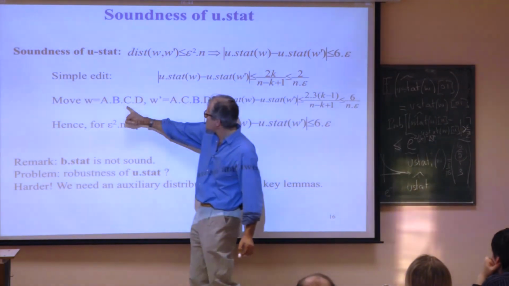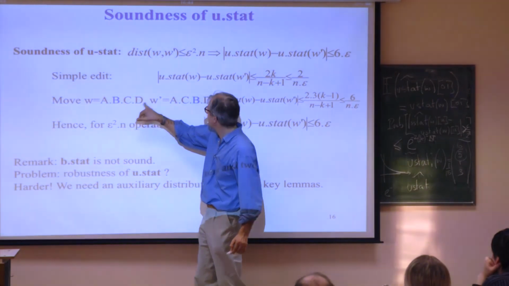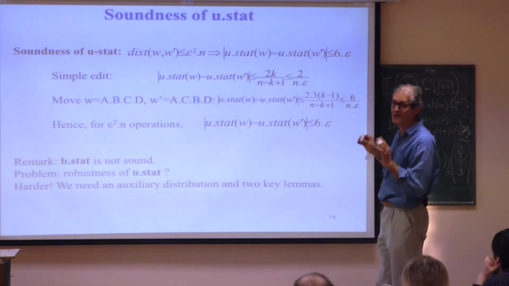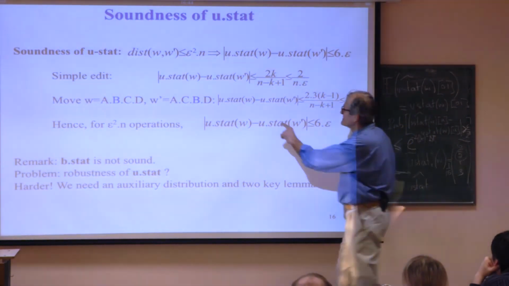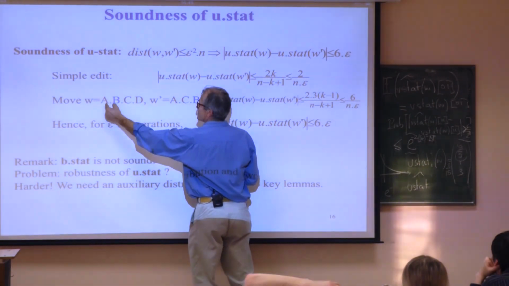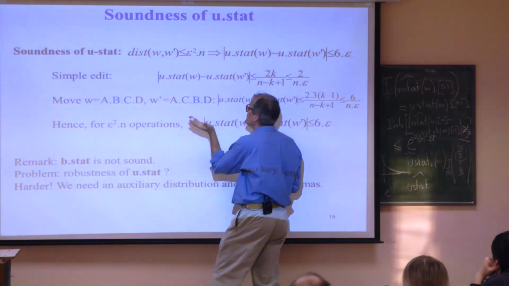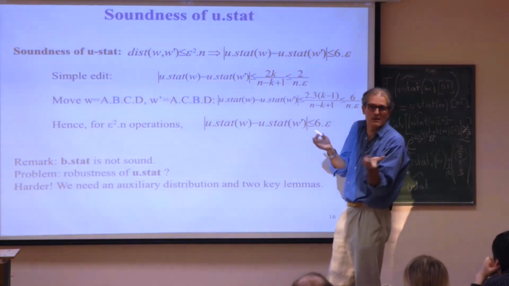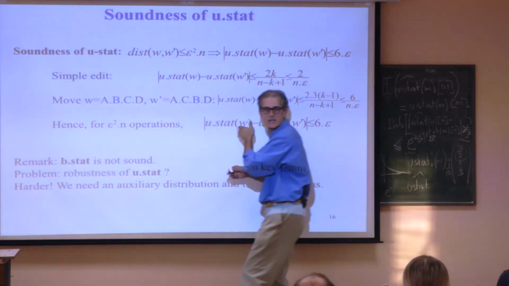So you make a move. Imagine you divide the block and you're going to move it here. Now what's the difference on your Ustat? Well, you figure out that now you have borders on which you make mistakes. If you pick a word right at the border here, you don't see it there. But how many words are at the border? Finitely many. You essentially have 4 borders you have changed here.